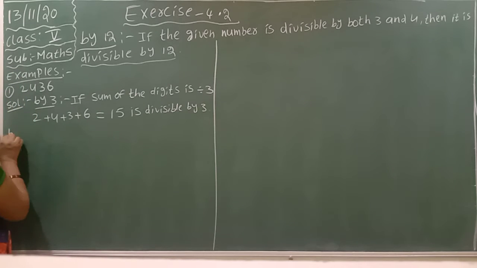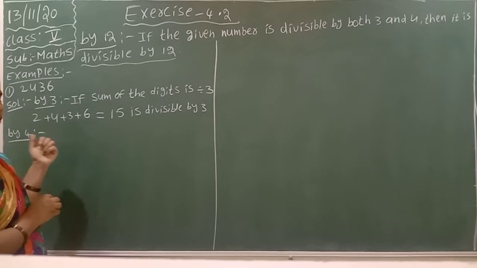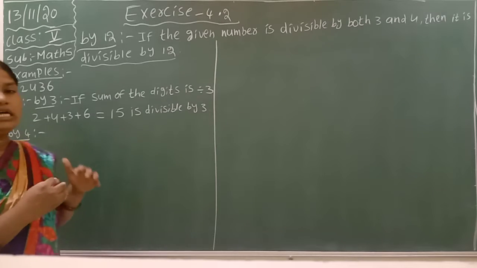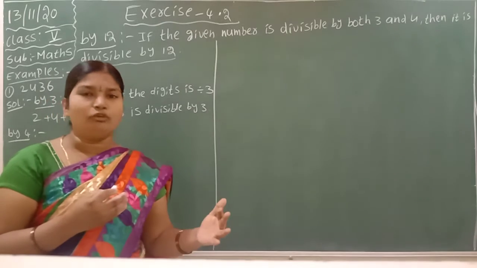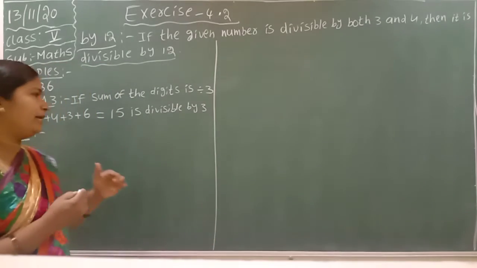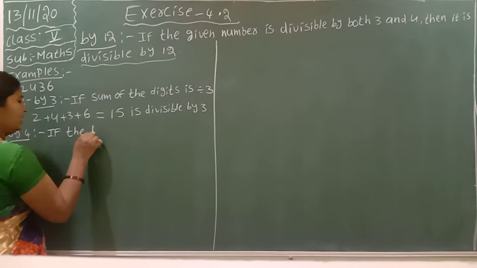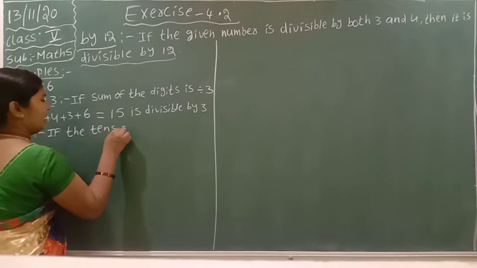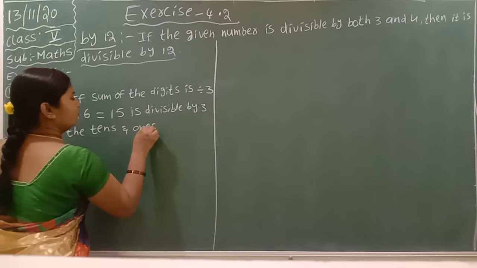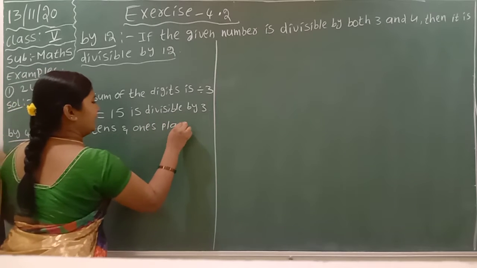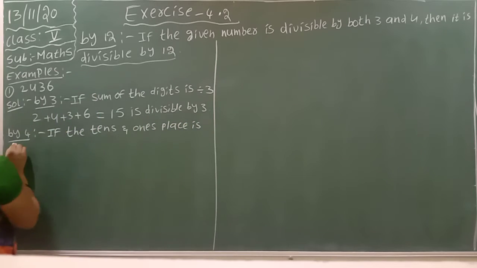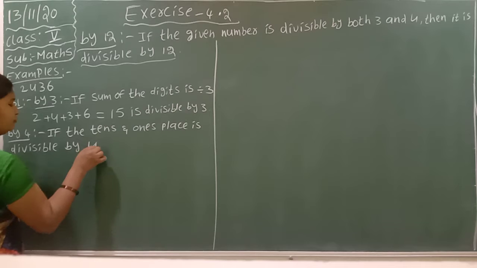Next, write down the by 4 rule. What is the by 4 rule? If the tens place and ones place is divisible by 4.